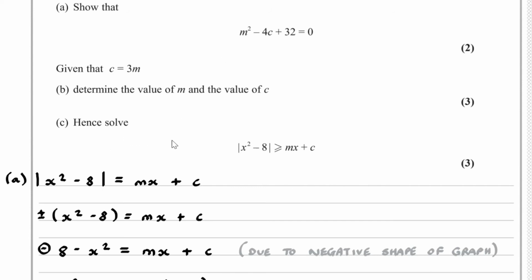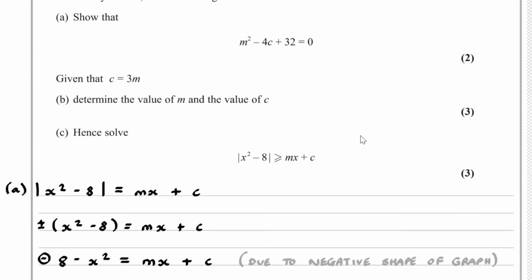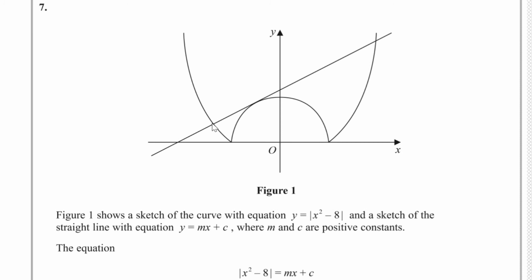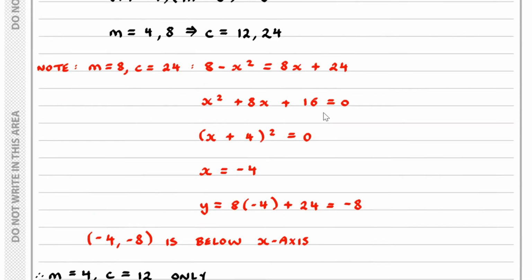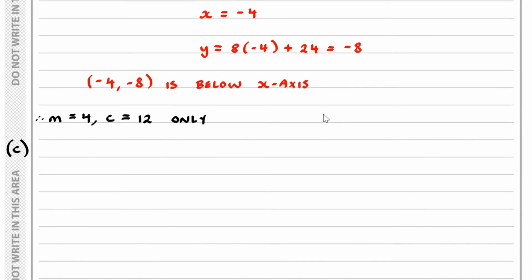Now for part C, hence solve the mod of x squared minus 8 being greater or equal to mx plus c. Now, in other words, what we need to do is find out the 3 points of intersection. Our critical values, in other words. So, what we are looking to solve is x squared minus 8 equals mx plus c.